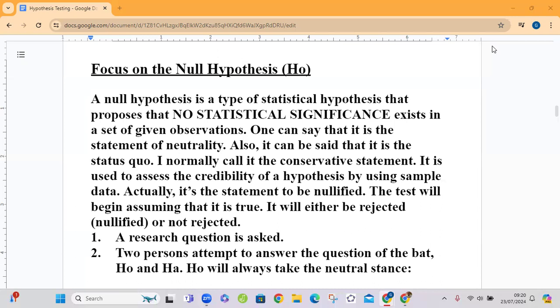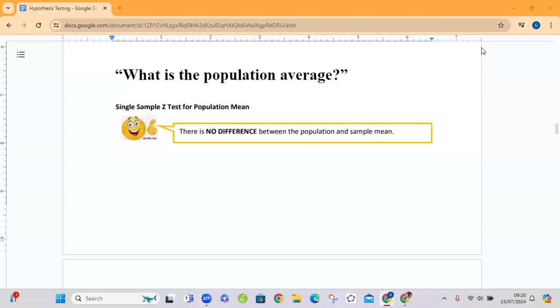So a research question is asked, first and foremost. Two persons attempt to answer the question off the bat. What are their names? The null and the alternative. The null will always take the neutral stance. For example, research question: what is the population average?